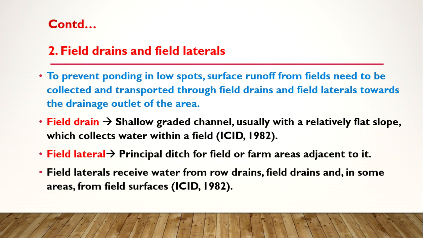Field drains are shallow graded channels, usually with a relatively flat slope, which collect water within a field. So inside a field, for collecting the water from a particular field, we can construct field drains. Field laterals are principal ditches for field or farm areas adjacent to it. So field drains and field laterals can be used synonymously.